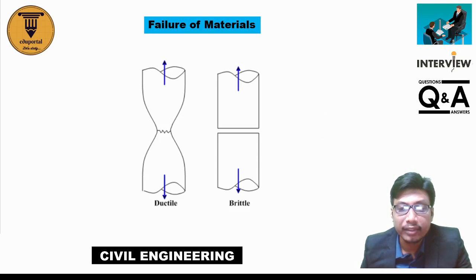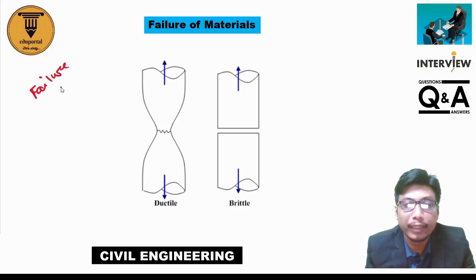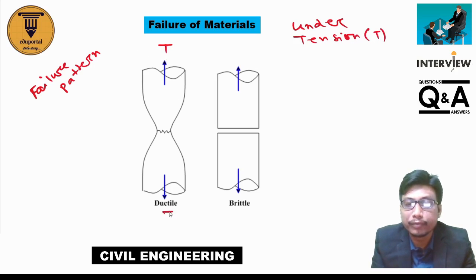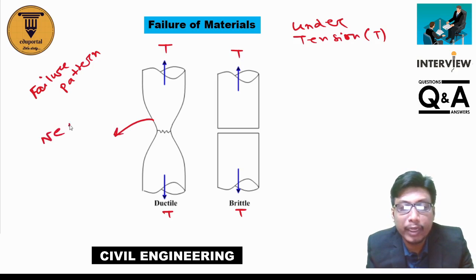Now next they can ask you to show the failure pattern of ductile and brittle material under tension. Suppose the tensile force is T for ductile and brittle material. In ductile material the necking phenomenon can be seen.